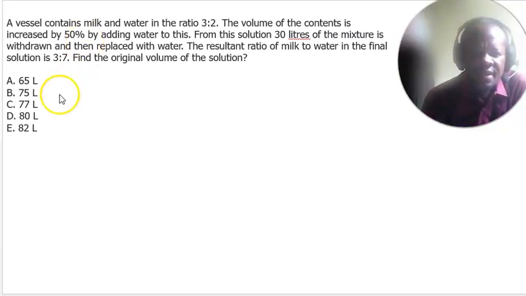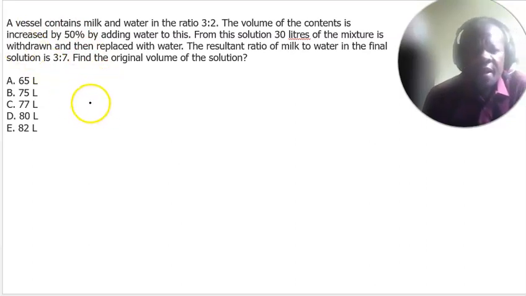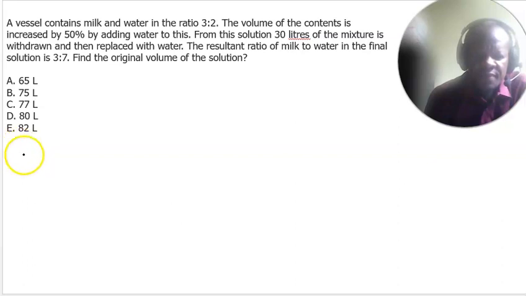It says here a vessel contains milk and water in the ratio 3:2. So let's say this is milk, this is water, in the ratio 3:2.